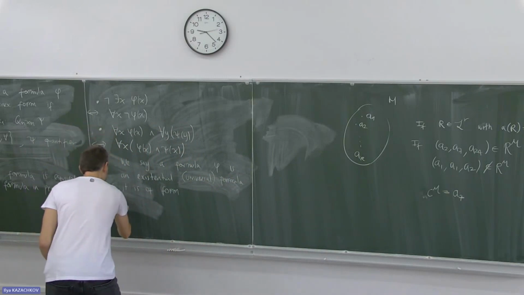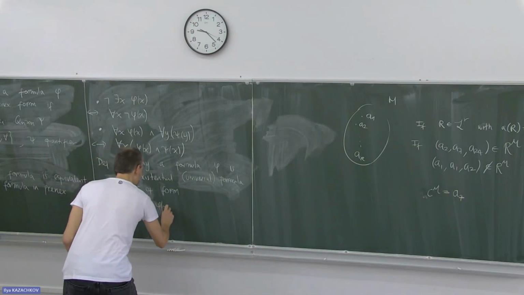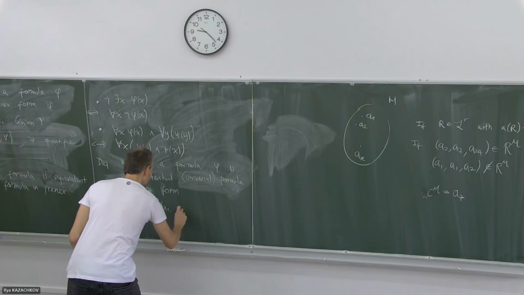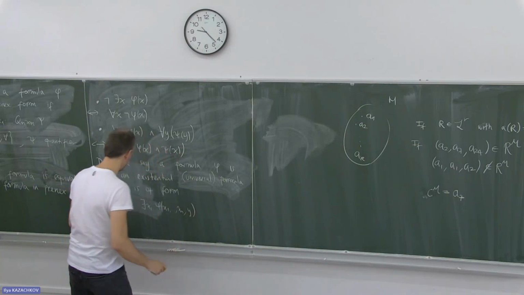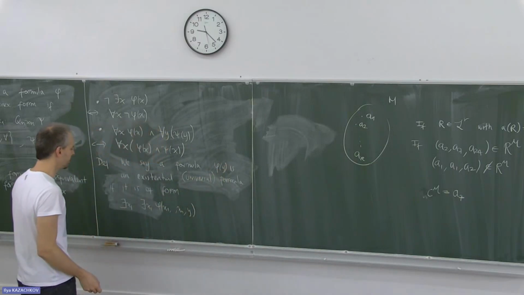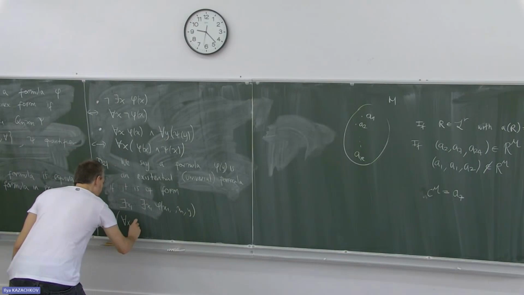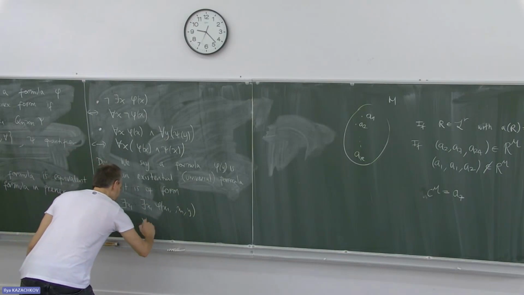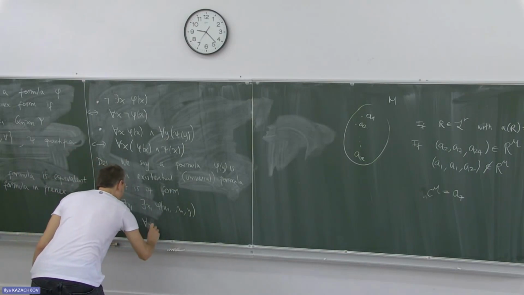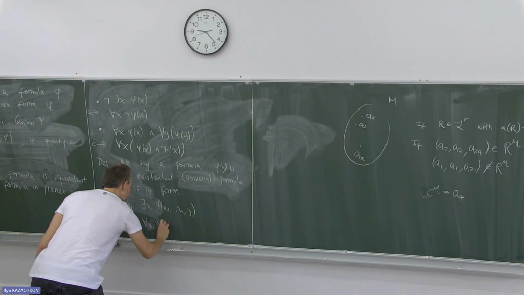If it is of this form, so I have just a bunch of existential quantifiers, and then some formula psi of x1 up to xn, and perhaps some other variables y. Let's say this formula is of this form, and we say it is a universal formula if the same happens, but with universal quantifiers.